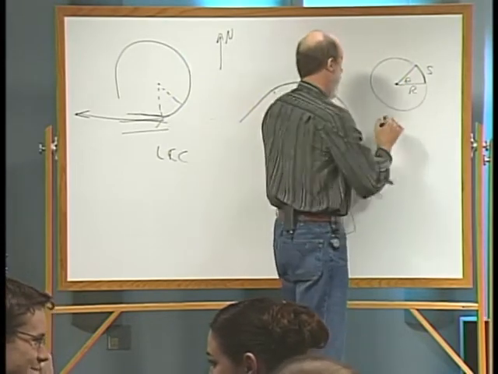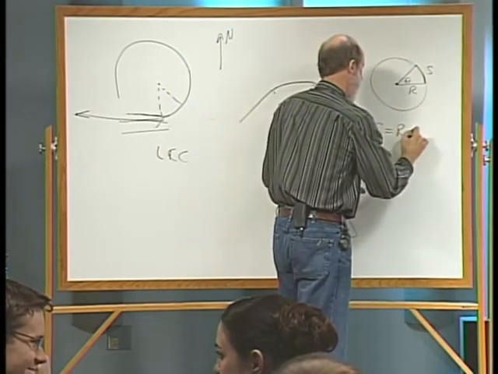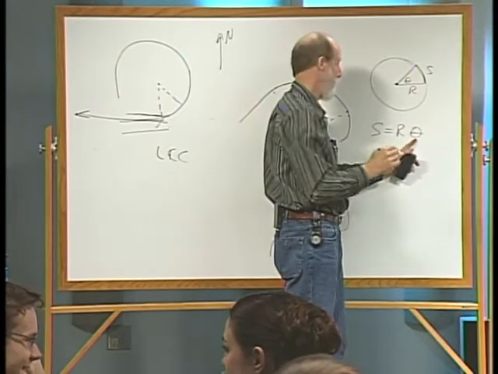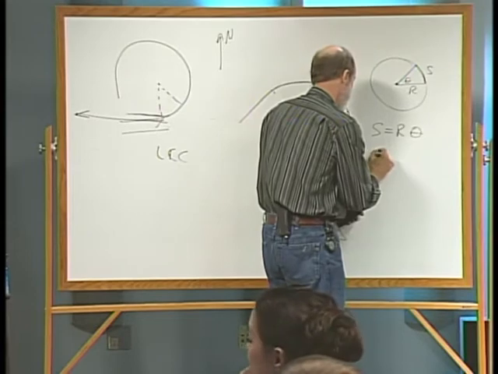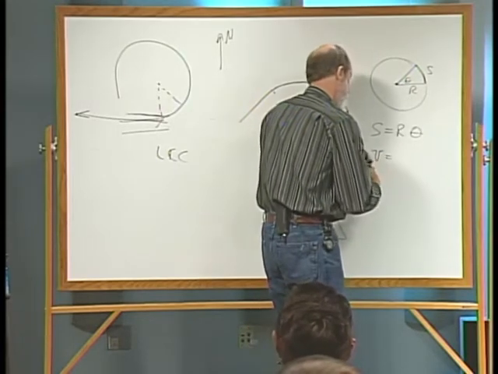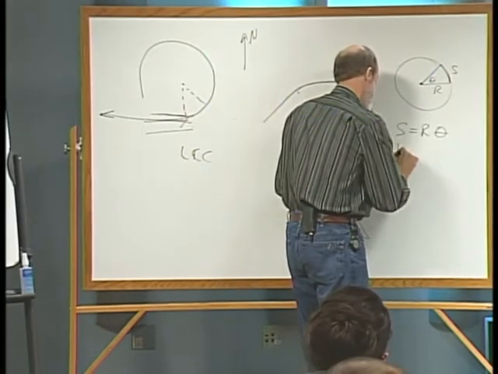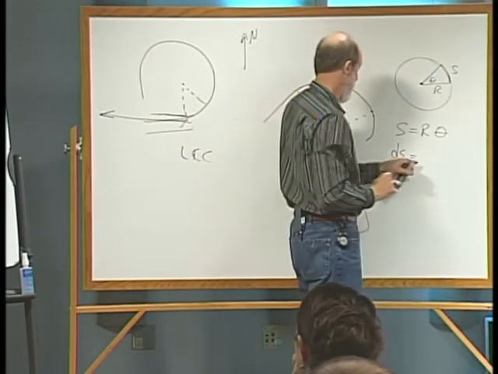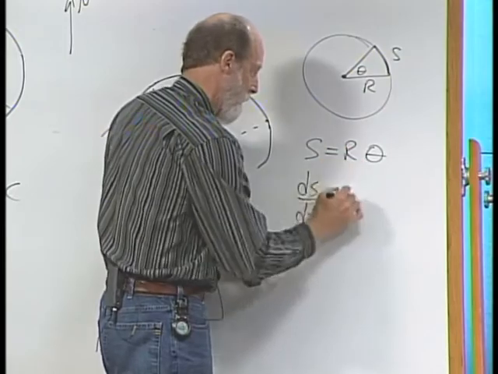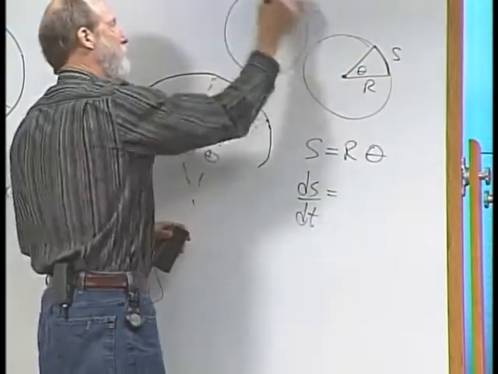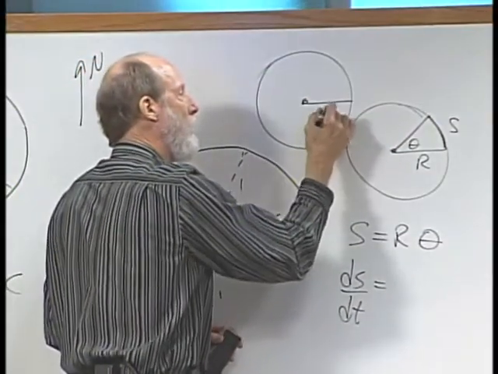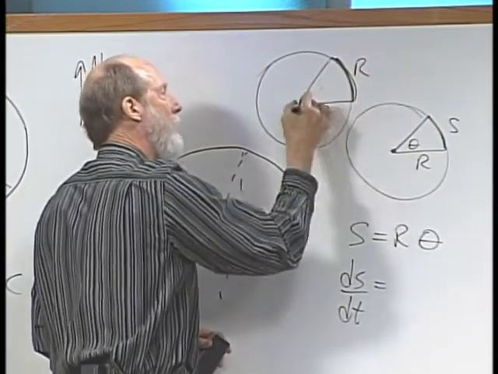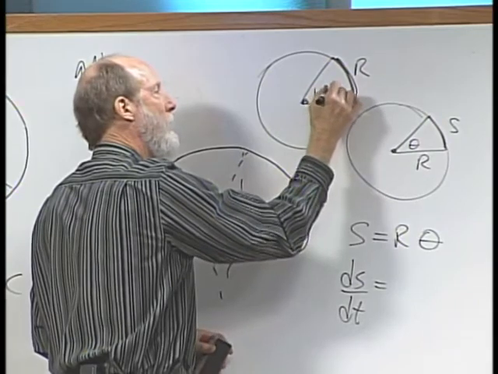That relationship requires this to be measured in radians. And for the derivatives, cranking derivatives out, I'm going to write it as ds/dt. This is linear speed. And this radius, if I take that radius, it's really equivalent to 1 radian of rotation.